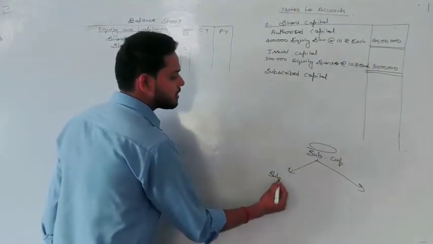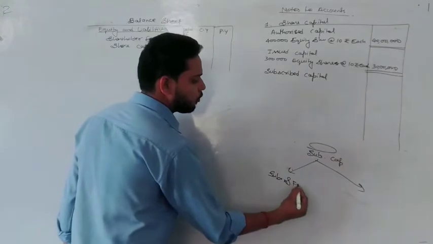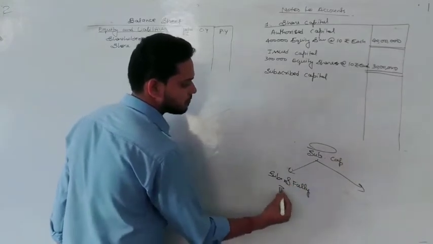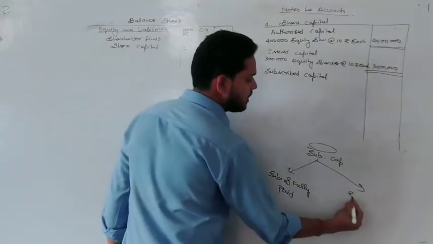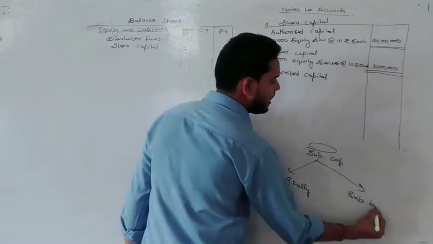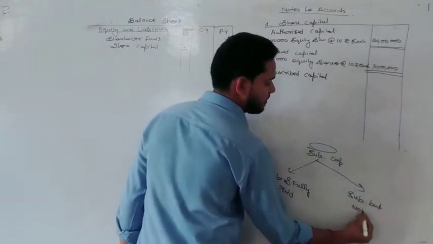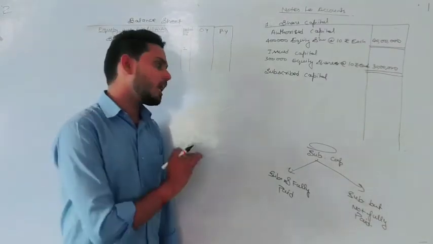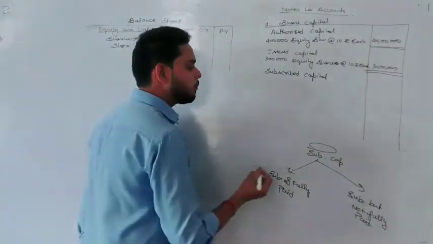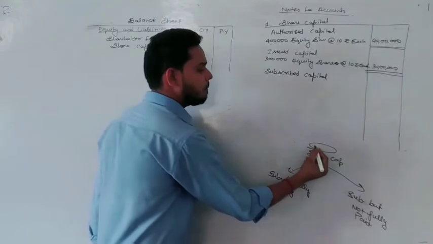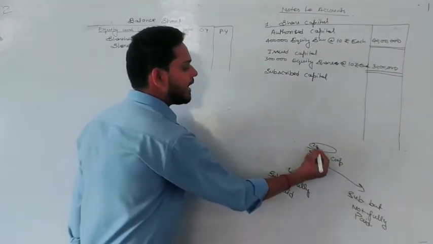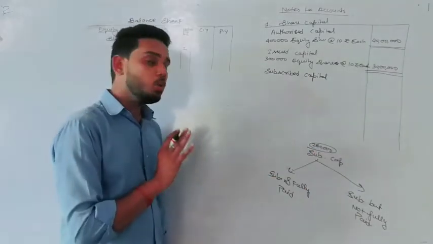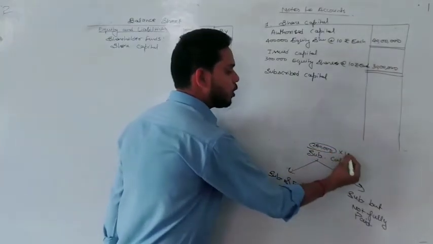Now we will segregate the subscribed capital into 2 parts. First one, subscribed and fully paid, and second one, subscribed but not fully paid. Now what does subscribed and fully paid mean? Let's suppose the number of shares subscribed by the public is 2,80,000, and the value of share is 10 rupees.